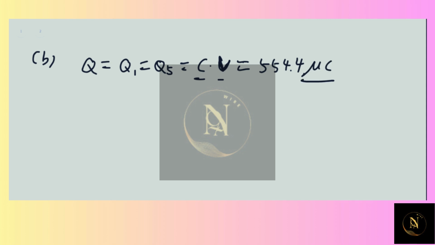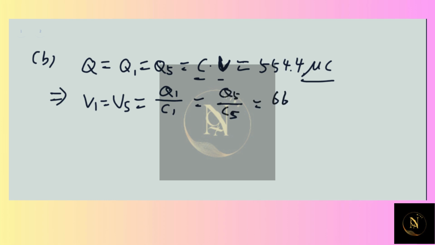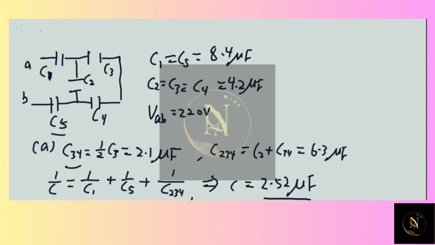So you can obtain that V1 equals V5 equals Q1 divided by C1. It also equals Q5 divided by C5, right? So you can see that this equals 66 volts. And for Q234, as you can see, C3 and C4 are in parallel with C2.